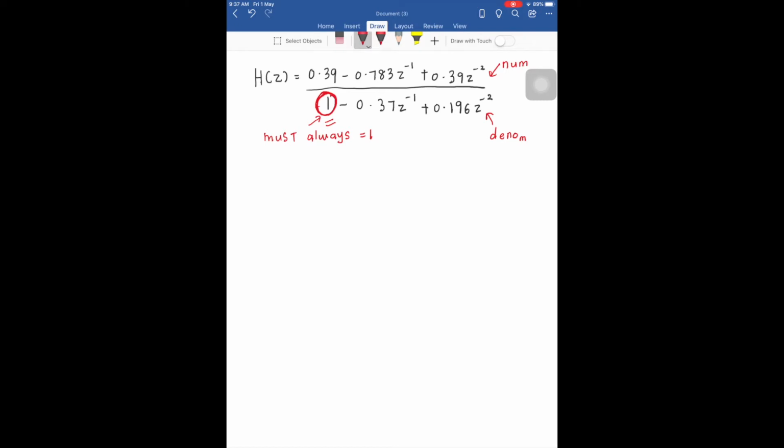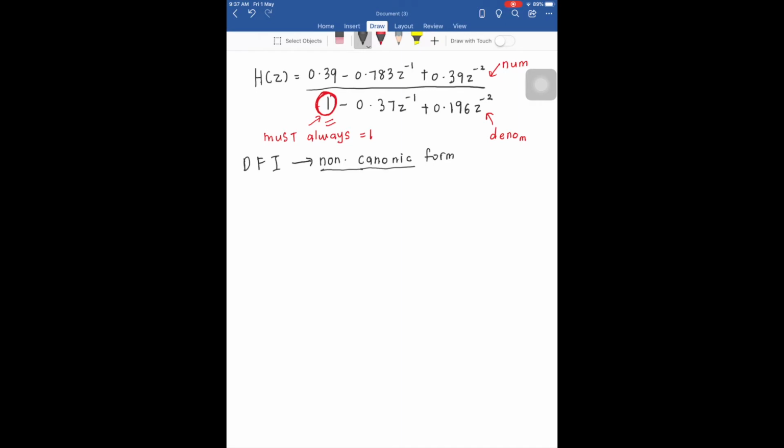If you look at the question, you need to sketch direct form 1 and direct form 2. Direct form 1 is also known as non-canonic form. Non-canonic means the numerator and denominator do not share the same delay.